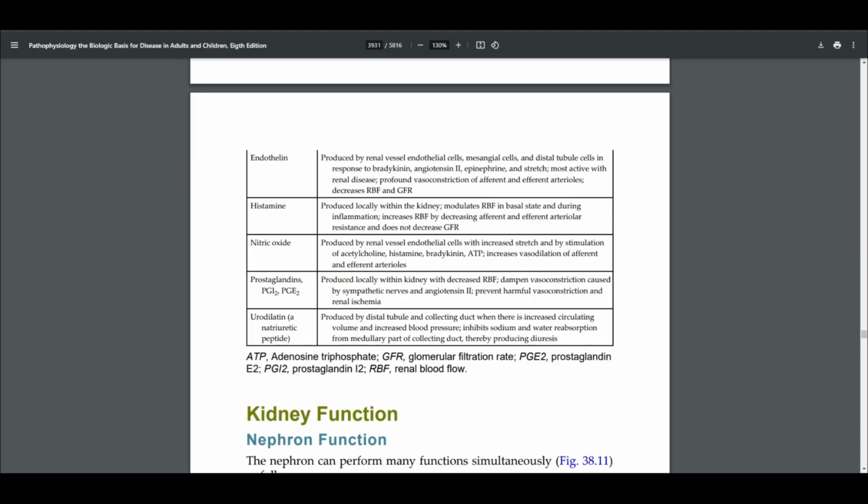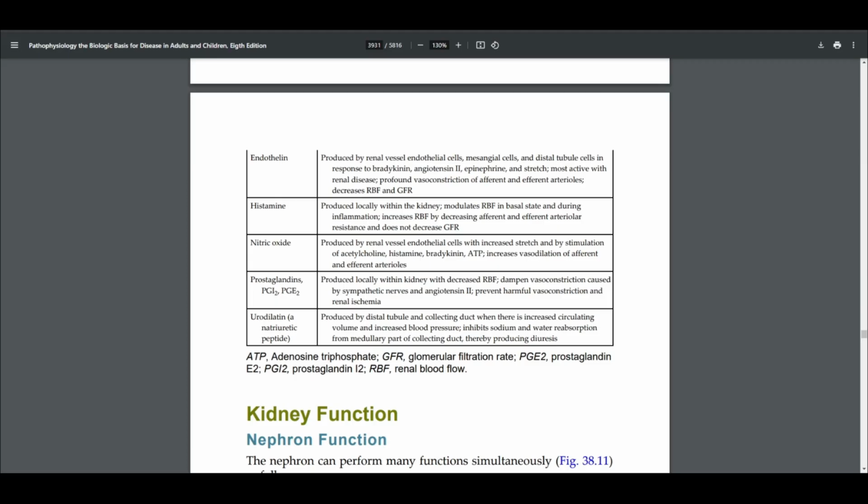Histamine, produced locally within the kidneys, modulates RBF in basal state and during inflammation, increases RBF by decreasing afferent and efferent arteriolar resistance, but therefore not decreasing GFR.